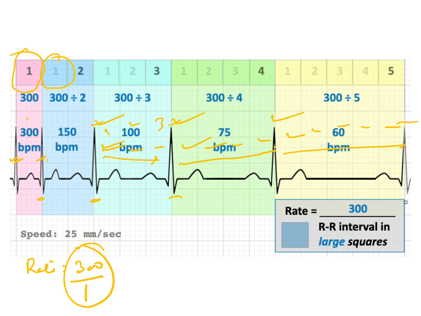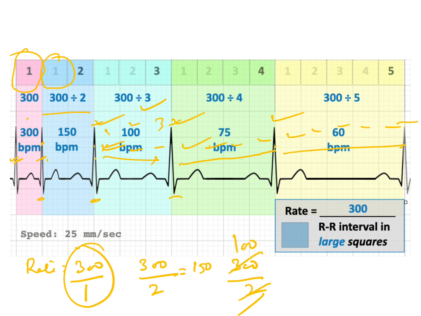Okay, if we use these two R waves, it contains two large scale. So rate will be 300 divided by 2, that is 150. If we use this, 1, 2, 3, there are 3 large boxes between two R waves. So 300 divided by 3, so it will be 100.